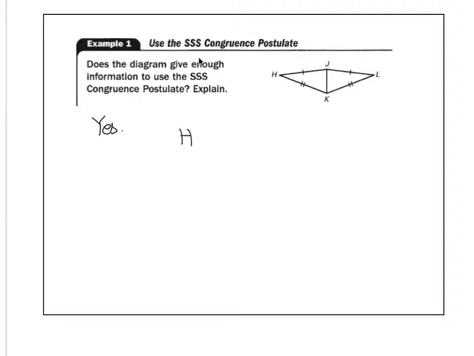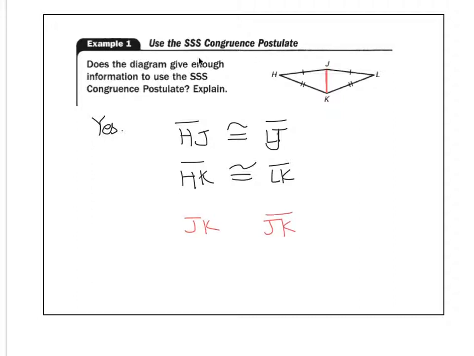Notice that I know HJ and LJ are congruent. I know it's given HK and LK are congruent. So far I have two sides, but the third side is a shared side. JK obviously is congruent to JK by itself.